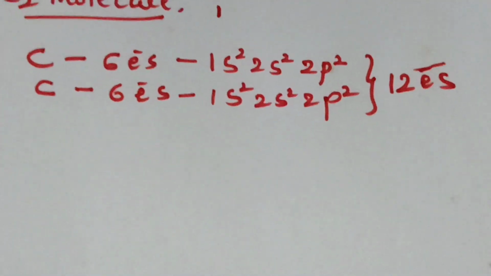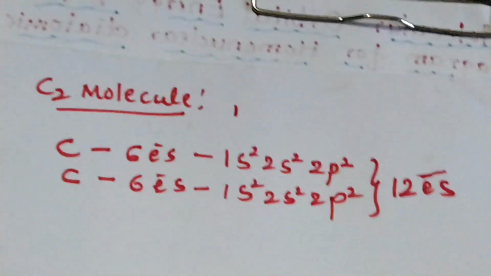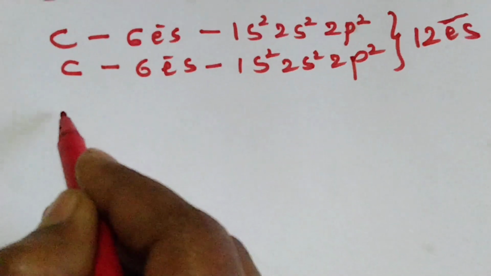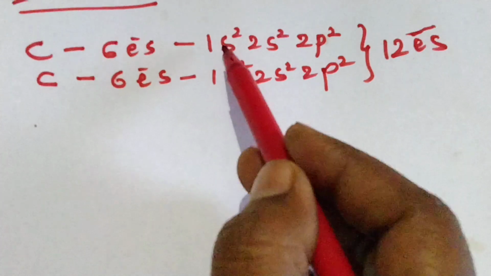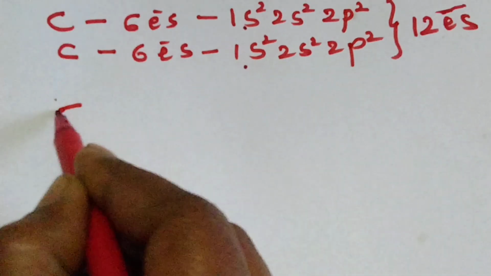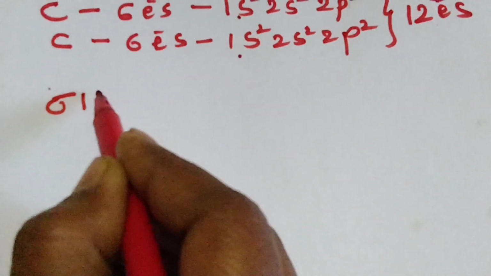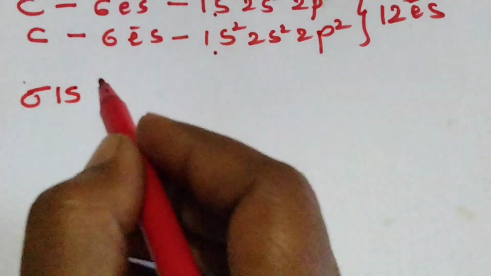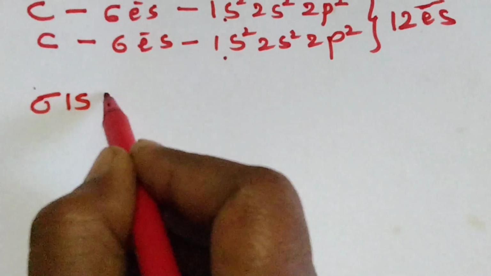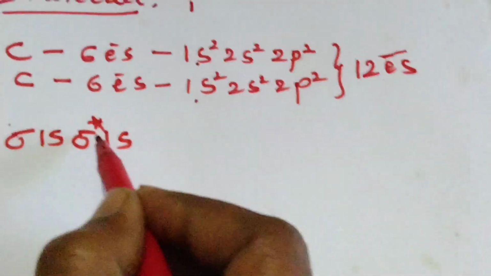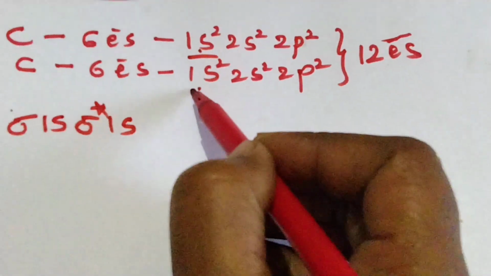If it has less than 14 electrons, we have to write the configuration. First, the two 1s atomic orbitals are combined together to form two molecular orbitals, bonding and anti-bonding. That is the two molecular orbitals. One is bonding, and the other one is anti-bonding.